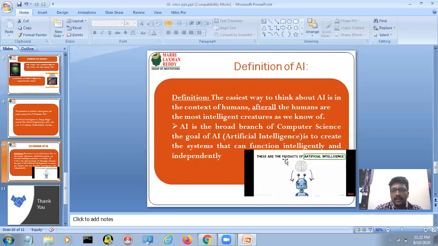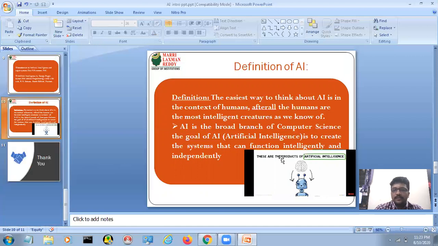This is what AI is about. Artificial intelligence means we are making another human which works similarly to how humans actually work. This is the basic introduction to artificial intelligence.